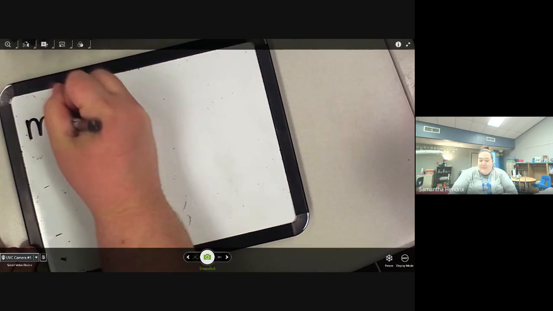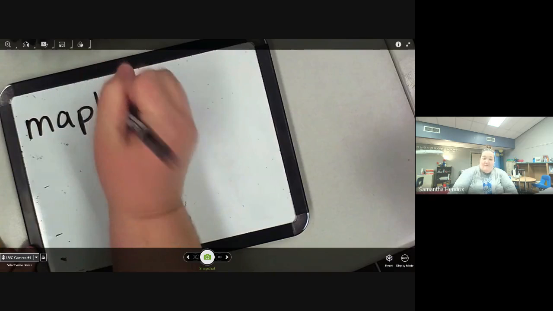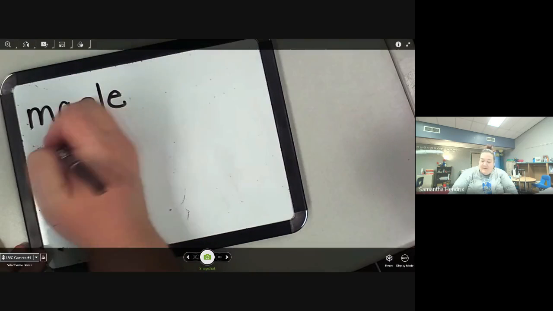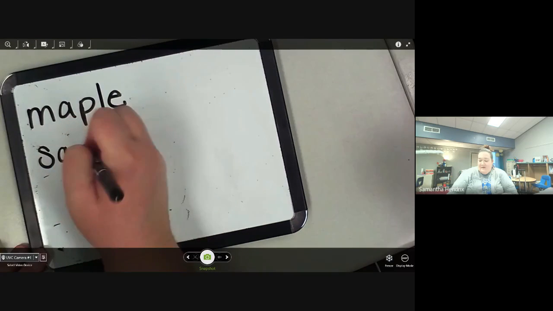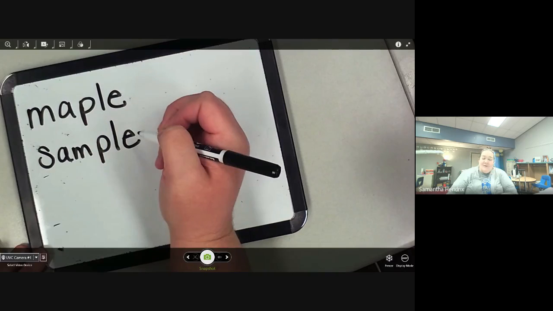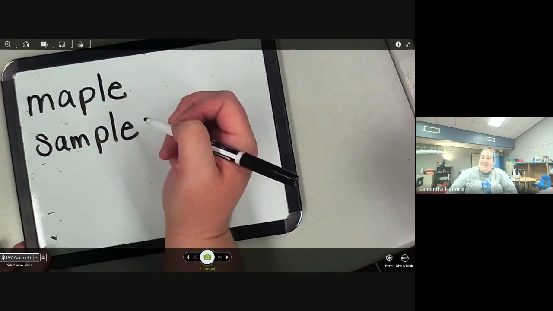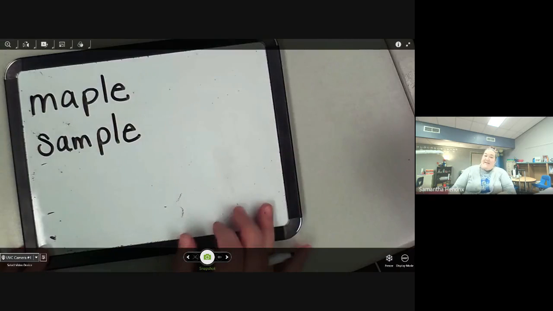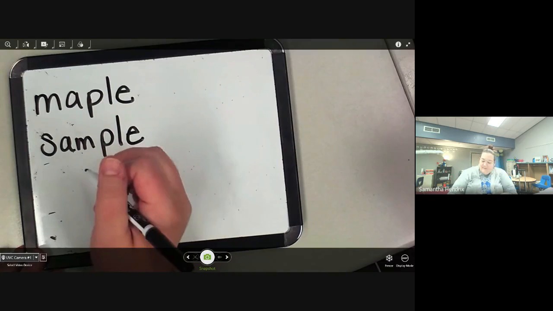So what do we hear in the final position? Maple, sample, dimple. We hear pull, right? Think about yesterday's lesson when we heard bull. We didn't actually write B-U-L or B-E-L for the schwa sound.